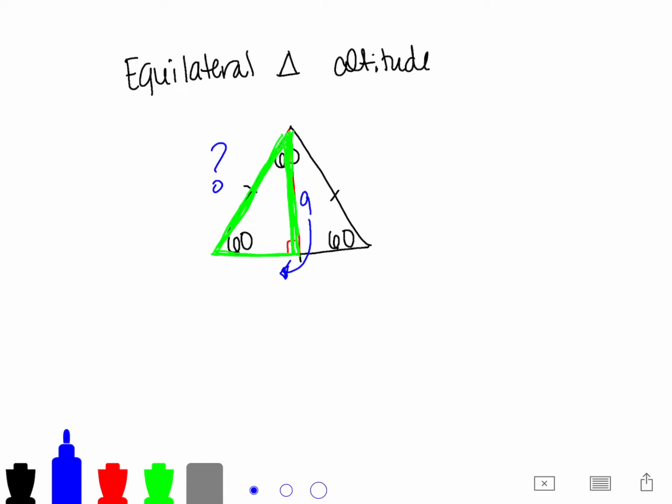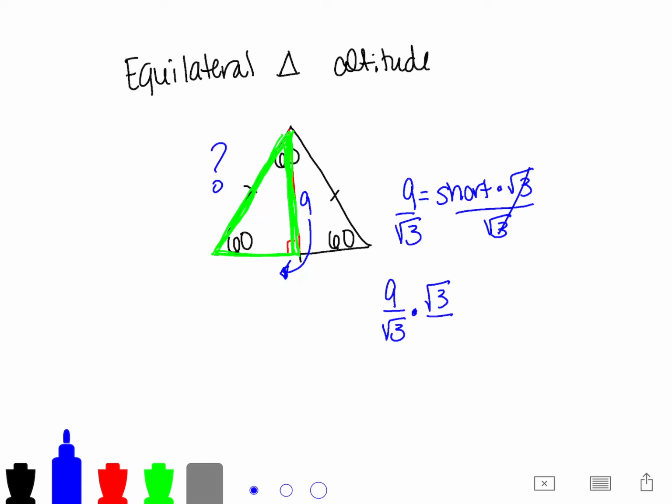To get to the short leg, remember, long leg equals short leg times radical 3. So I would divide by radical 3. Can't have a radical on the bottom, so I need to rationalize it. So this is 9 radical 3 over 3, which is 3 radical 3.